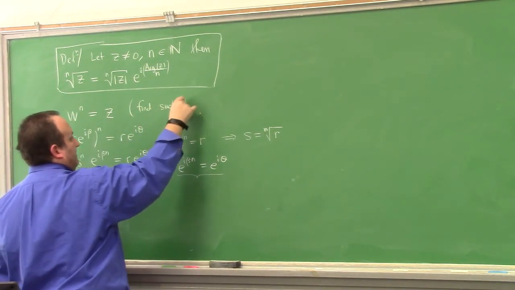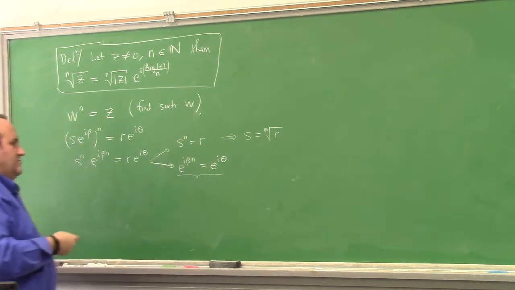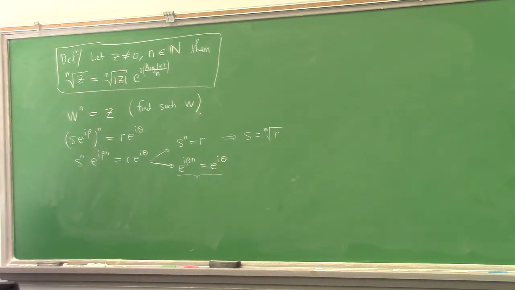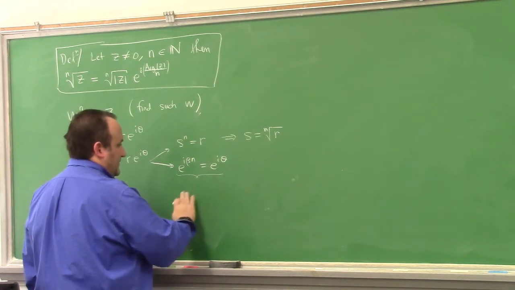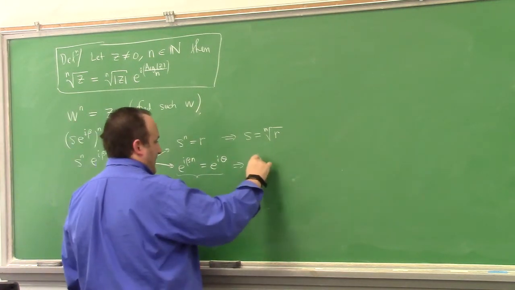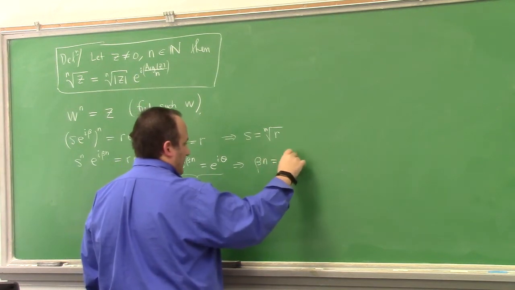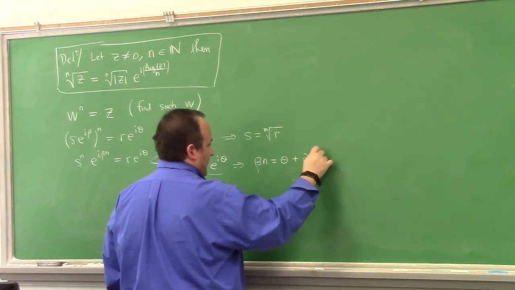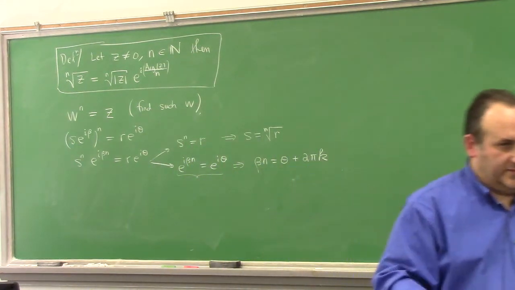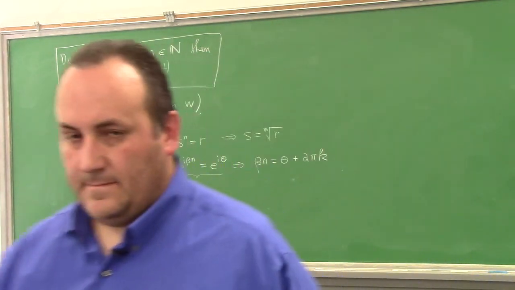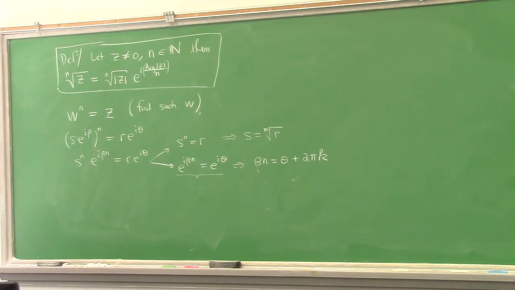That's my goal here. So I'm really trying to solve for beta. What this gives us is that beta n is equal to theta plus 2 pi k for some k. We don't know. There's a lot of different things that can happen there, right?